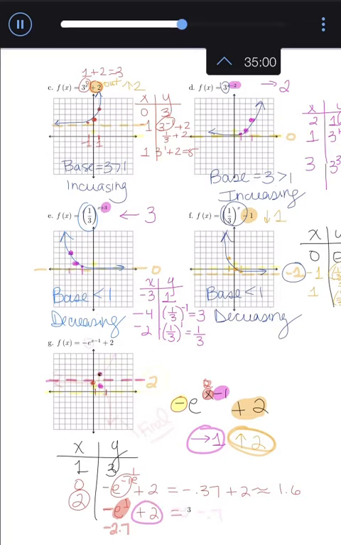I still have to add the 2 to it, which will give me about negative 0.7. So let's plot that point, which is 2, negative 0.7.